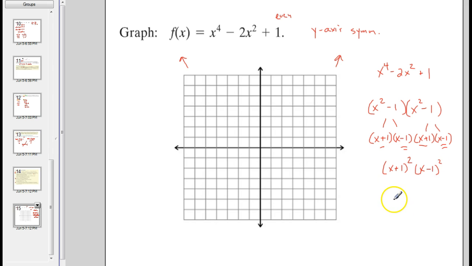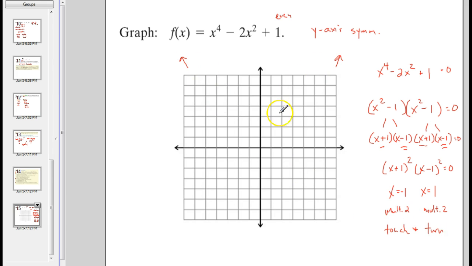So x equals negative 1 would make this equal to 0. x equals positive 1 would make this equal to 0. I didn't write it in here, but basically what I was doing the whole way is finding the zeros, so setting this equal to 0. But this came from a parenthesis where the power was 2, so this is multiplicity 2. And so is this. So remember, multiplicity 2 means it's going to touch and turn for both of these.